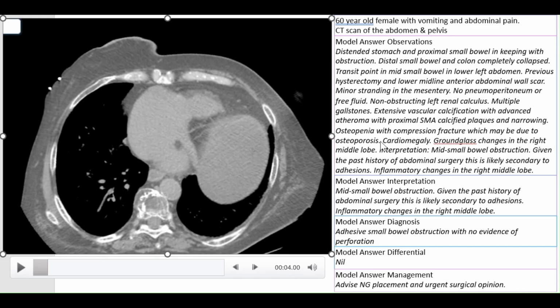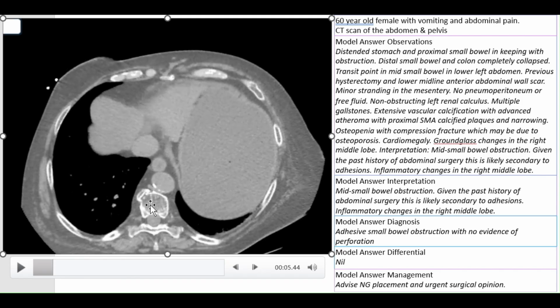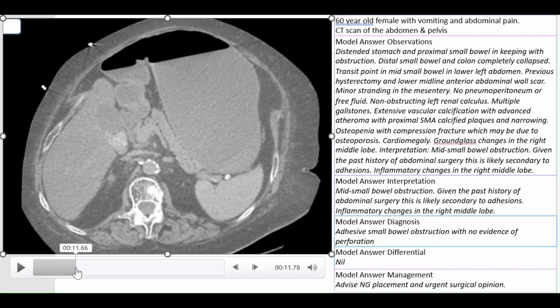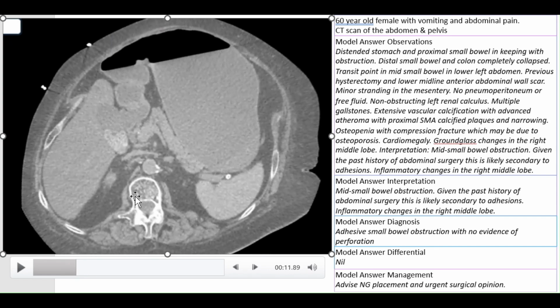Also, there is osteopenia with multiple compression fractures, maybe due to osteoporosis. Can you see here, the cortex is not continuous here. This means that there is compression fracture here. Can you see the compression fracture? This is a normal vertebra.